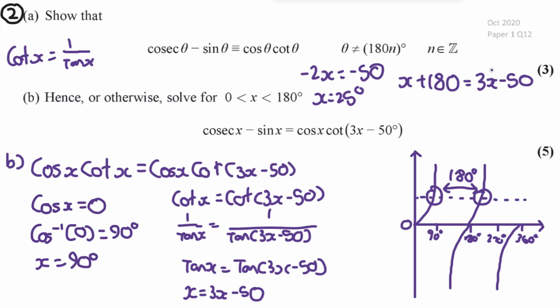The best way to explain this is by saying that the 3x minus 50 is this point here, so it is this point on the x-axis here. And then this point, the x plus 180, is this point here.